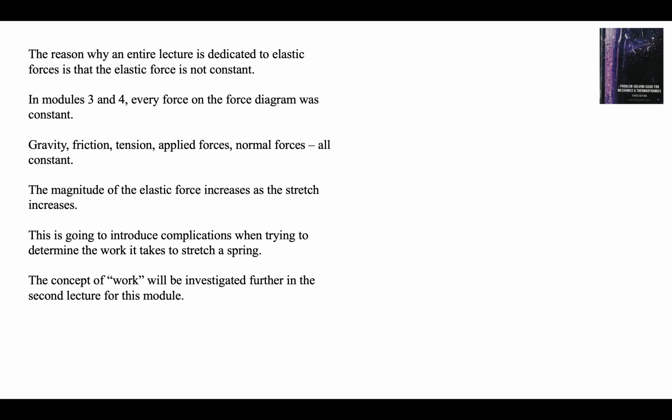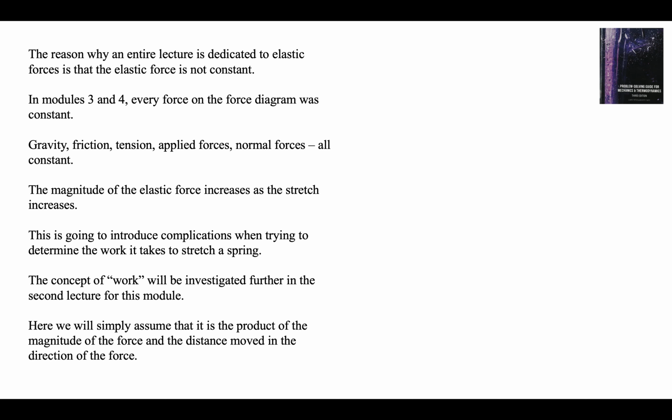The concept of work will be investigated in the second lecture, and we're going to talk about energy in the third lecture. Here we're going to assume that the product of the magnitude of the force and the distance moved in the direction of the force is the work. So as a simple example of this, consider a 1 kilogram mass falling 10 meters downward in a gravitational field.